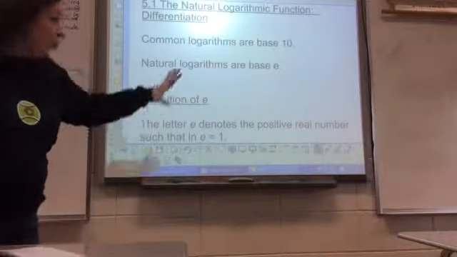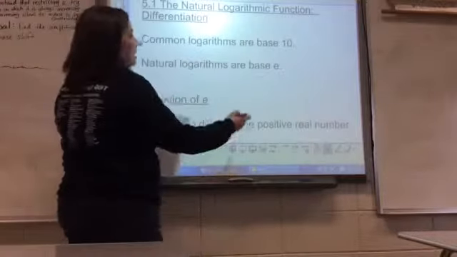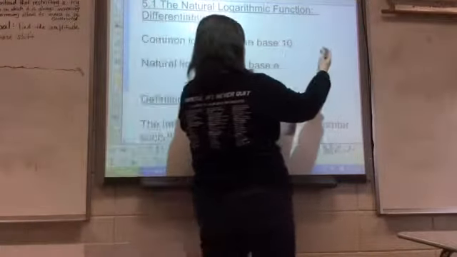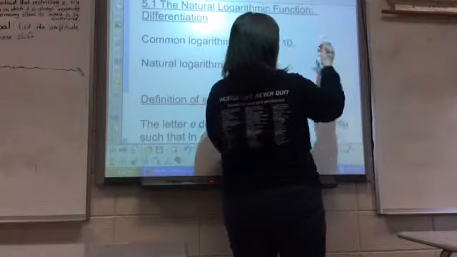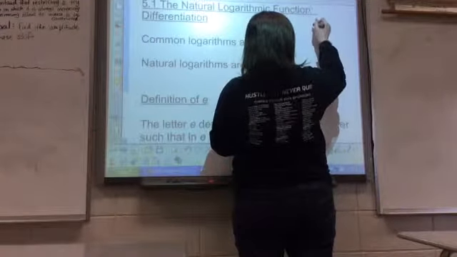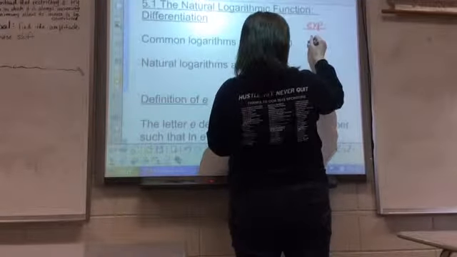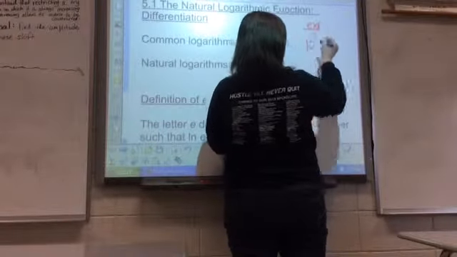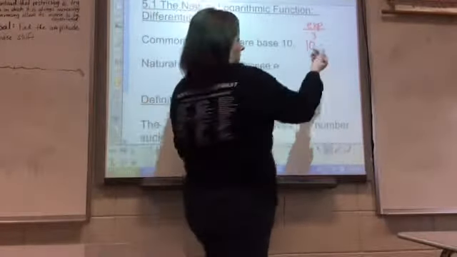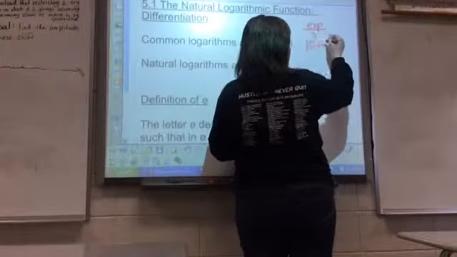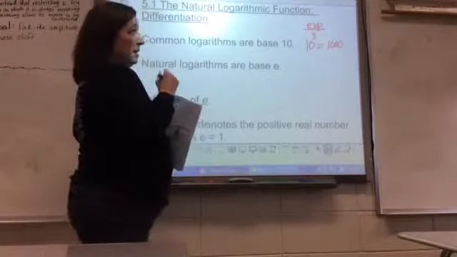So before we get into this, let me add a little bit up here for you. A common log with a base 10, the exponent form of this might look like 10 to the third equals 1,000. That's the exponential.